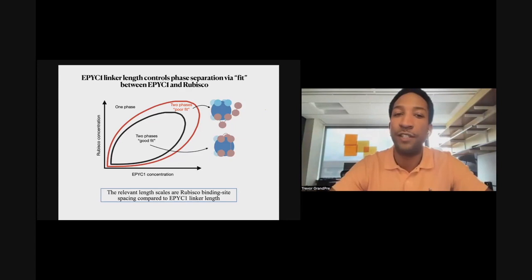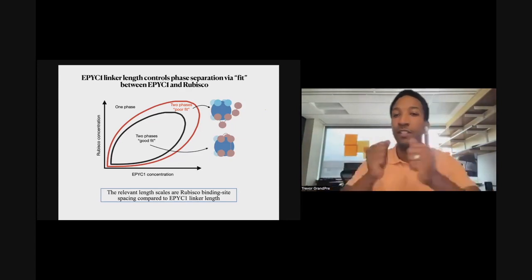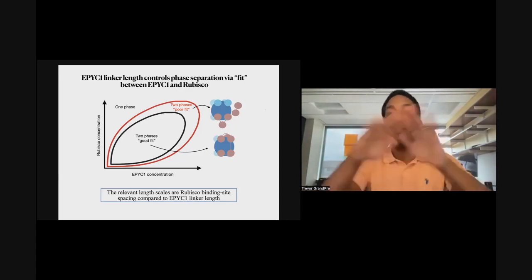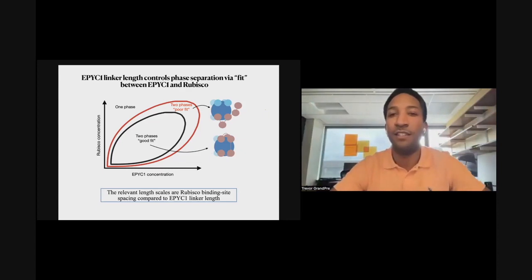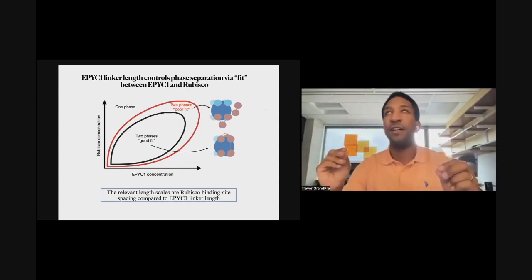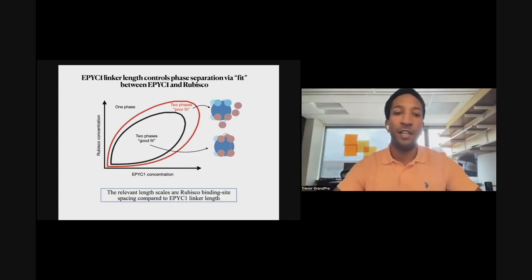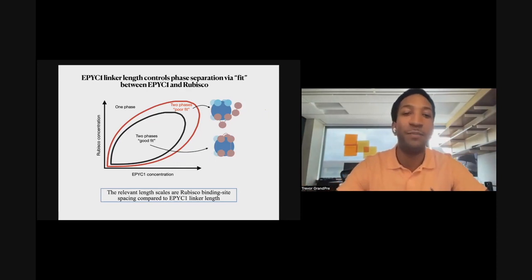If you do have a good fit between these two molecular components, then it's a smaller phase diagram. And so in essence, molecular fit is inversely proportional to phase separation. And it depends on these relevant length scales of the Rubisco binding site spacing compared to EPYC1 linker length.